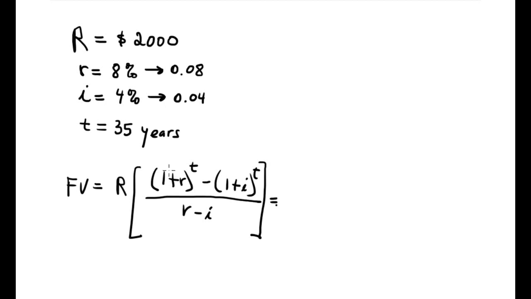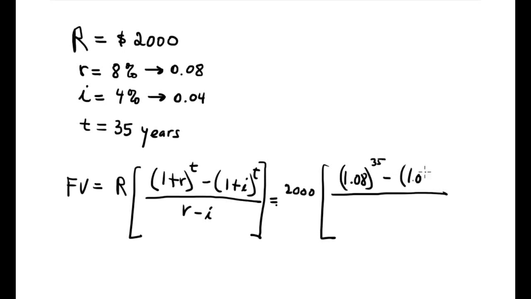I'm plugging in the values: 2,000, open the bracket, 1.08 raised to the 35 minus 1.04 raised to the 35, divided by 0.08 minus 0.04.